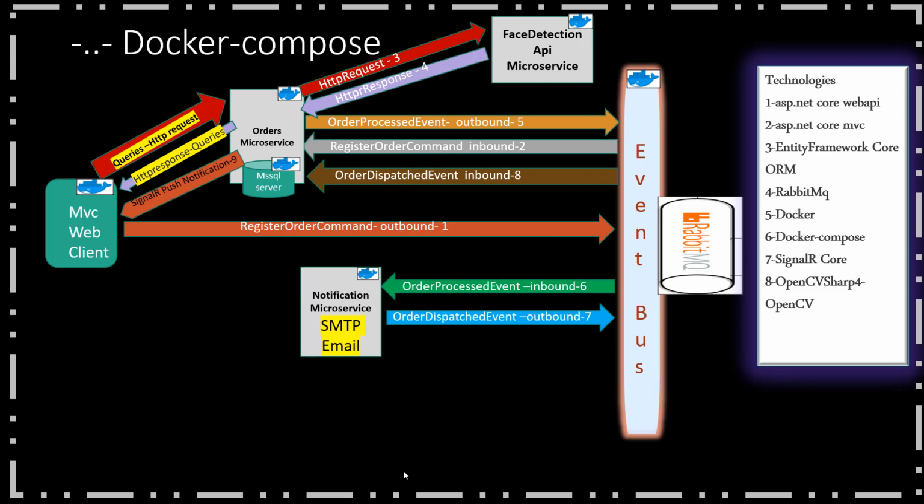So let us go over the components now, one by one, while describing the actions that actors of the system can take on the site. At first sight, we can notice that we are going to have four microservice components in our application: MVC Web Client, Orders Microservice, Face Detection API Microservice, and Notification Microservice.